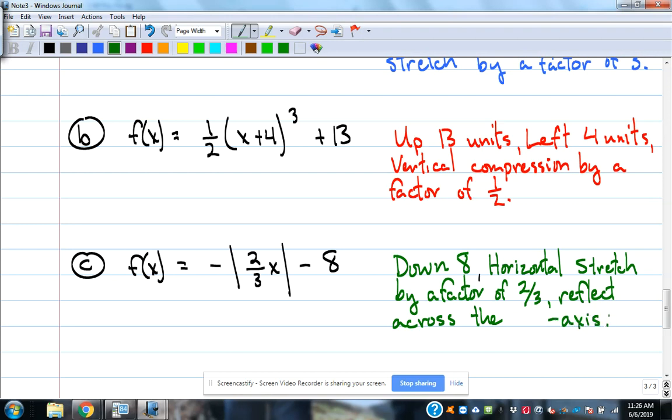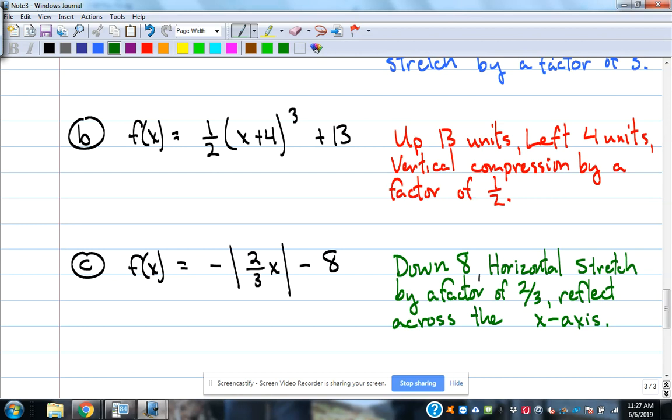X or Y? If it's on the outside, it's going to be a vertical movement. So verticals happen on the outside, horizontals happen on the inside. And it will be across the x-axis. That's right, because it's on the outside.